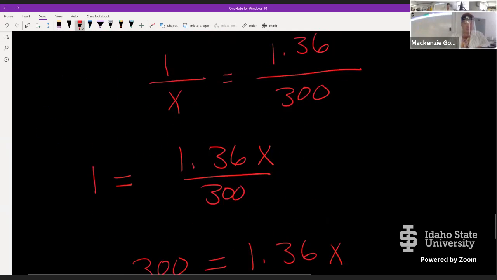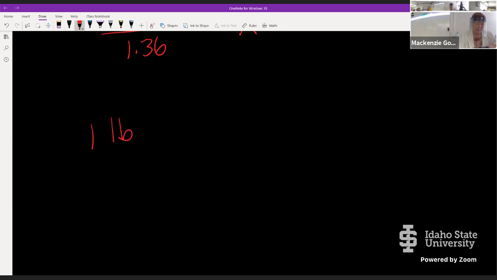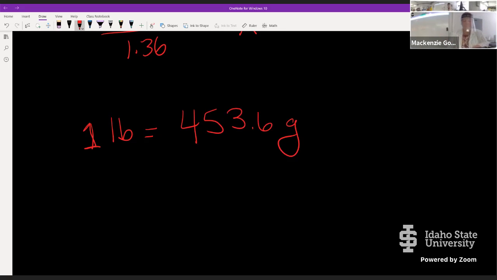So if we had another problem where I gave you that 1 pound, I'll make sure you guys know that's not an L, is 453.6 grams, or 454.